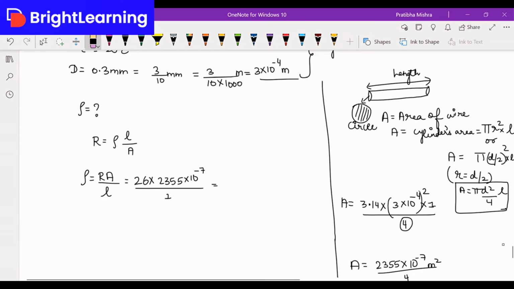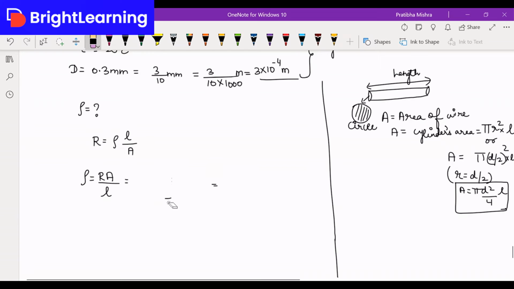Let me just do it again so that you don't have any confusion. Don't write it. Don't worry, okay? Let's write it down once again.